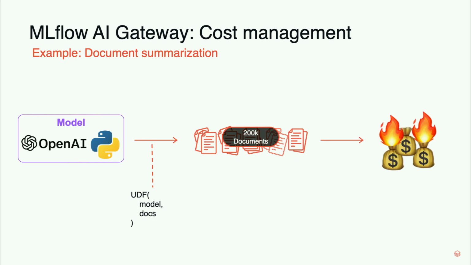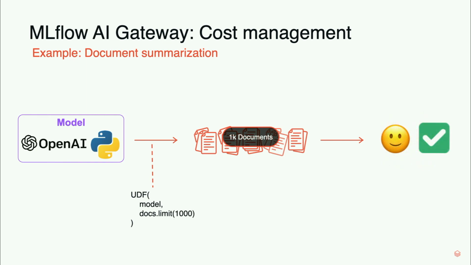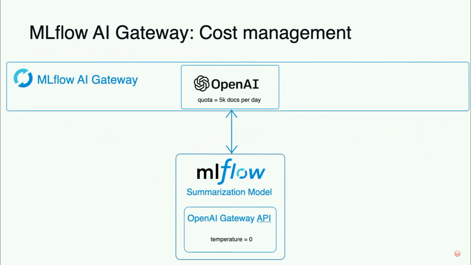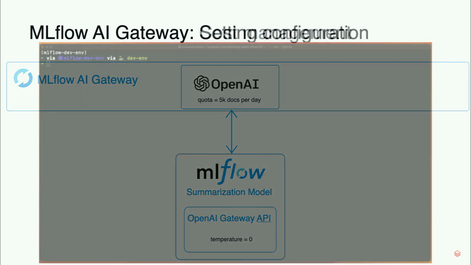You just blew through your week's budget. So being able to provide a forced limitation to the number of requests that are sent to protect your bank account is super important. And making sure that we can have a set quota for a particular route endpoint and have that configured as part of the gateway is going to be critical.